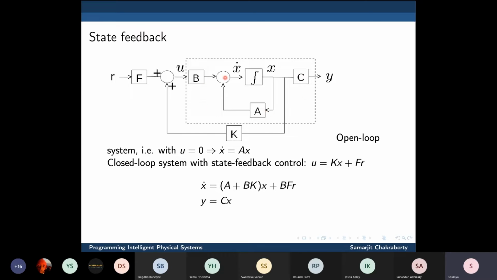And then the question becomes, you are not only going to design K, but you have to design a K and an F. So this dotted part is the open loop, and you are trying to close the loop with this design of K and F. So is this clear?